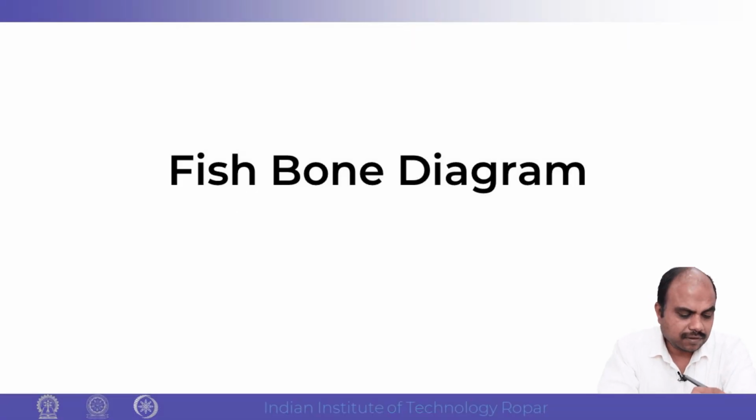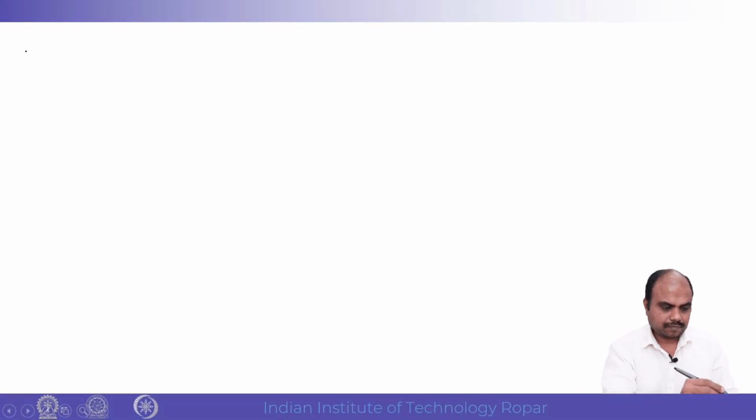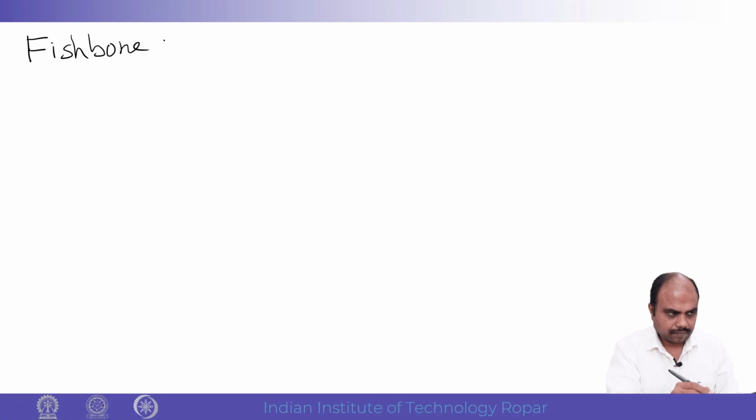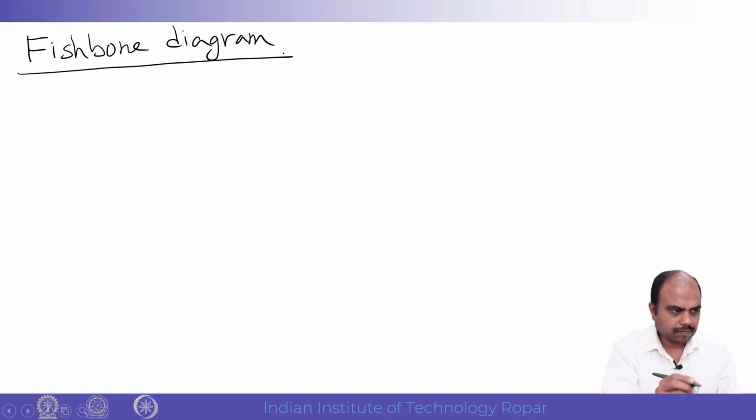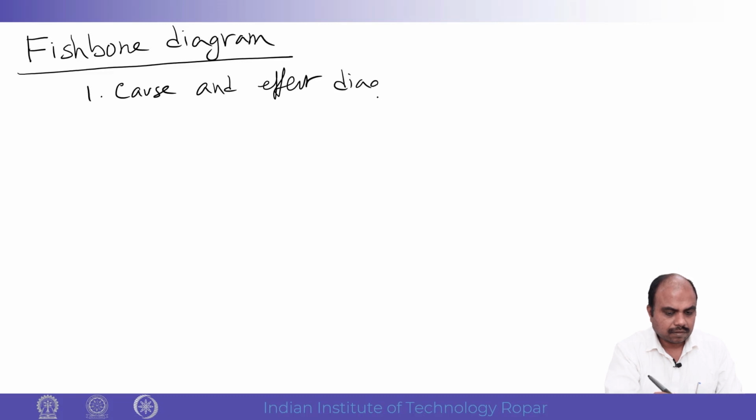Now we will be learning about the fishbone diagram. Fishbone diagram is a quite popular method, especially to find out the cause and effect. So it is also known as the cause and effect diagram. It is also known as root cause analysis.